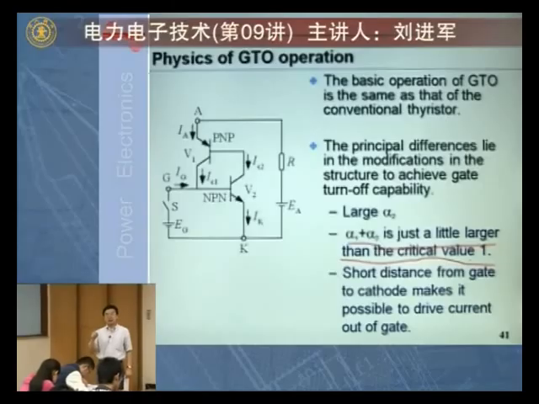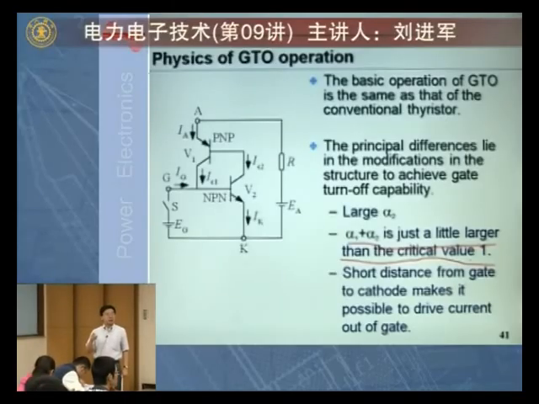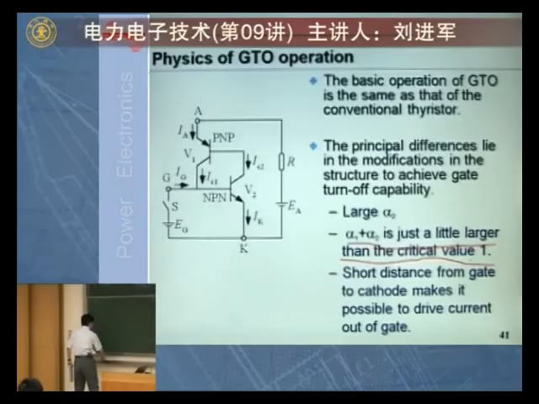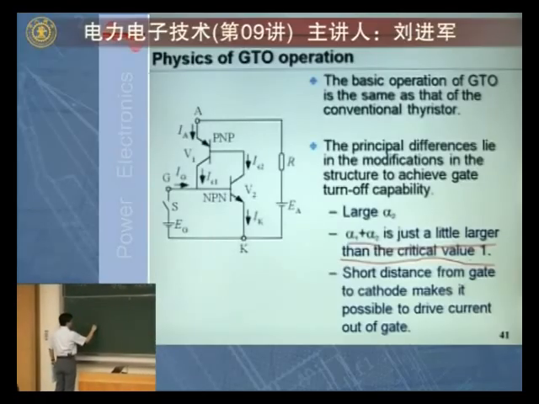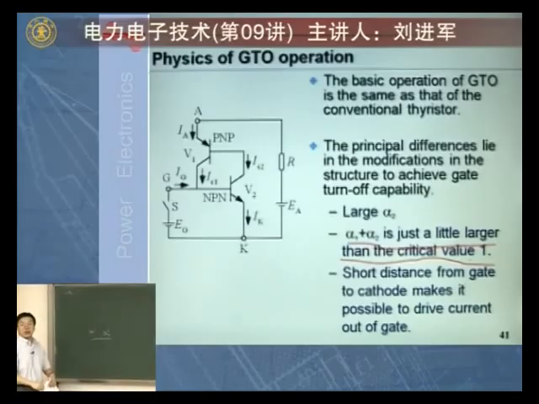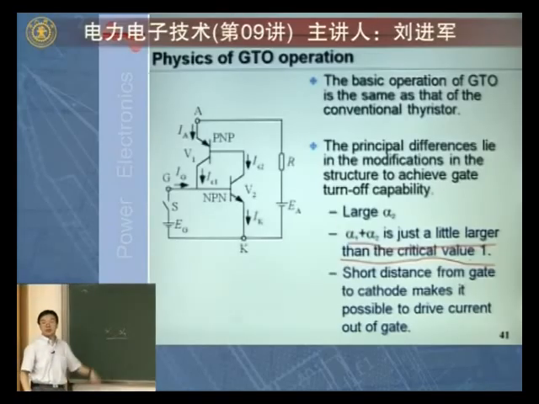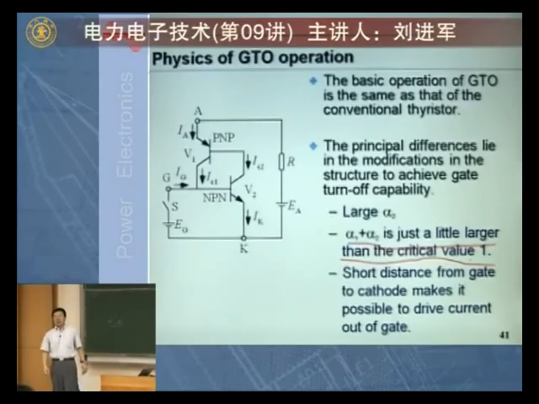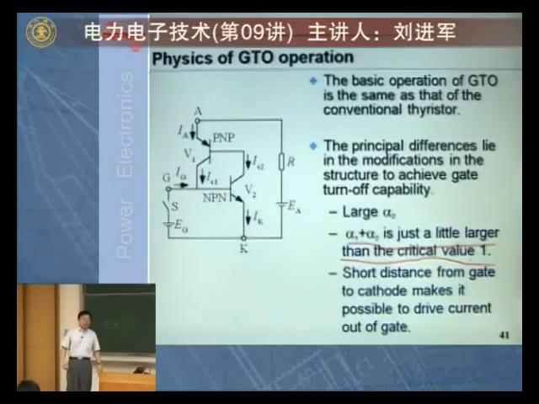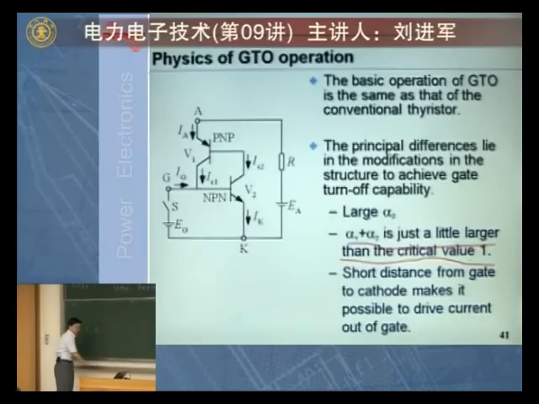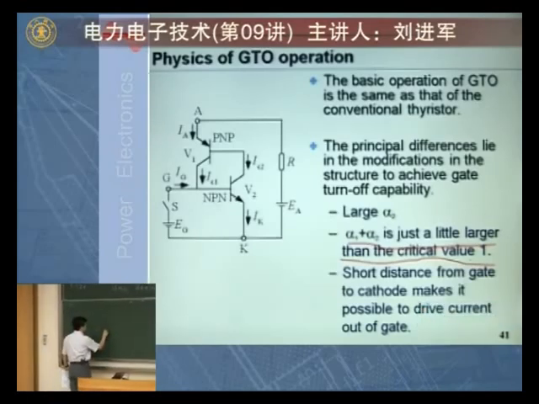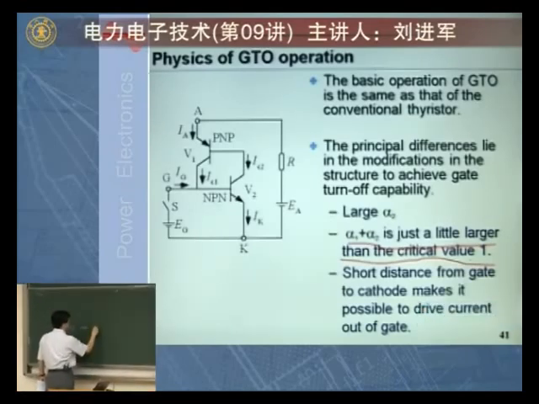We intentionally make the coefficients alpha 1 and alpha 2 very carefully controlled, so that when the thyristor is turned on, these two transistors are not in a very deep saturation area.